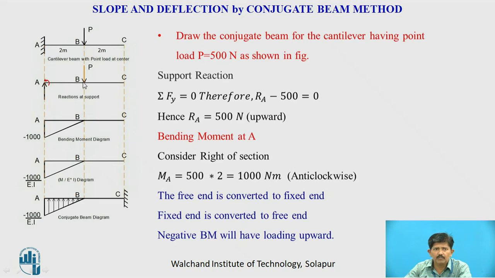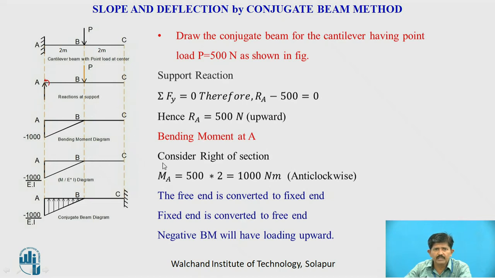When we come from B to A, the bending moment goes on increasing, as bending moment is the product of force into distance. So the bending moment at A will be this load into the distance of this load from A. So P is 500 and distance is 2. So that will be 1000 Newton meter.